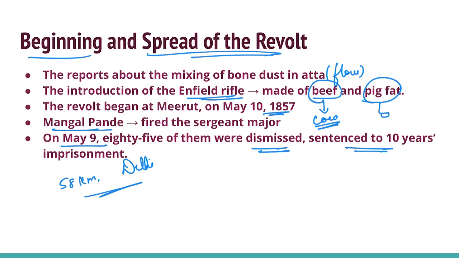So this sparked off a general mutiny among Indian soldiers stationed at Meerut. The very next day, on May 10th, they released their imprisoned comrades, killed their officers and unfurled the banner of revolt. And from there, after sunset, these people ran to Delhi.